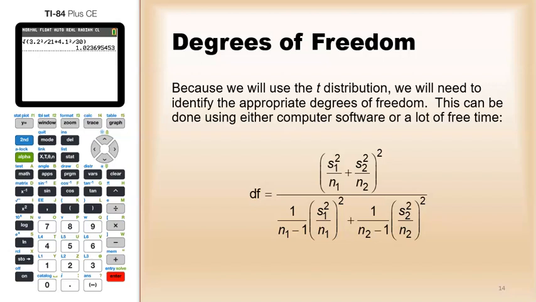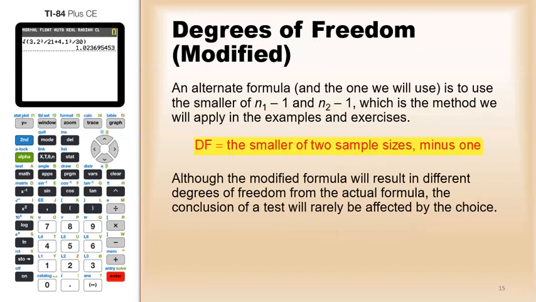That said, we're going to be using a different formula, one that's traditionally taught in books. So, an alternate formula, and the one we will use in this class, is to use the smaller of the two sample sizes minus 1. So, N1 minus 1 or N2 minus 1. So, that's the method we'll be using in the examples and the exercises.